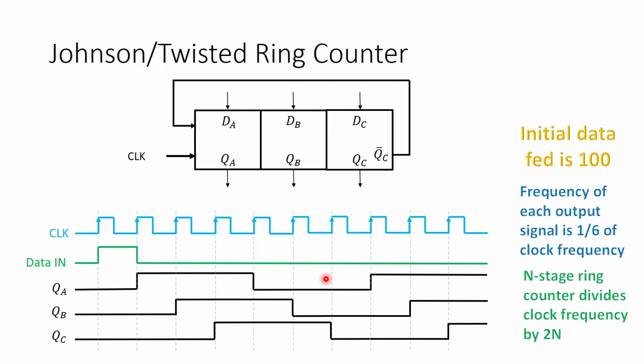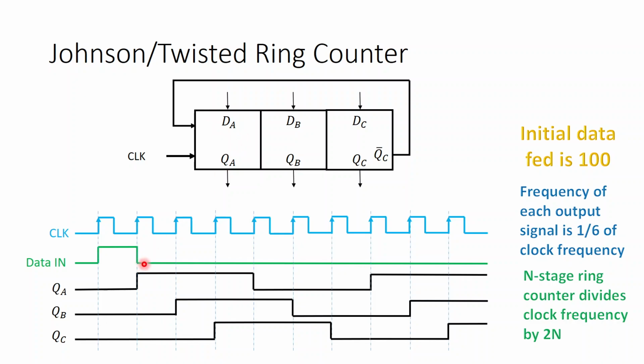Now we look at the Johnson or the twisted ring counter. Here, instead of QC, we are connecting QC bar with DA. The complement of the last data output is connected to the input of the first flip-flop. What is happening then?